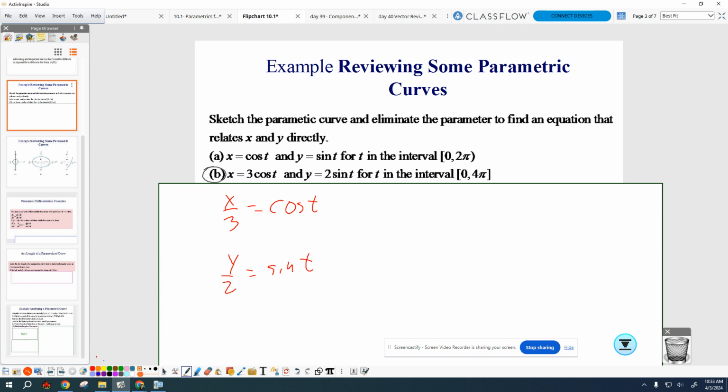What was the next trick that we had to do? Square them? Then what, Becca? And I should write the whole cosine squared and sine squared out, but I don't want to.